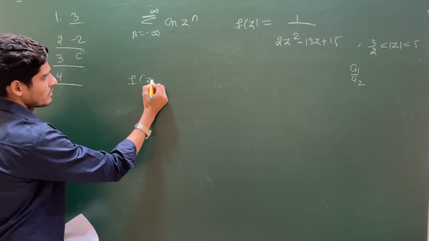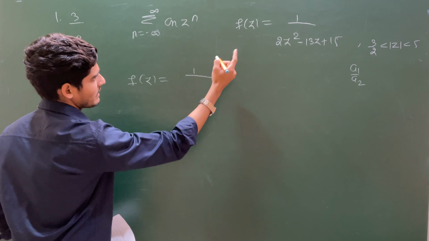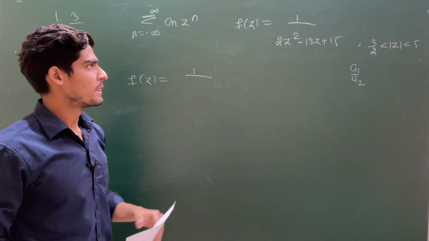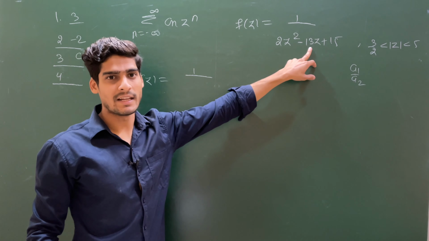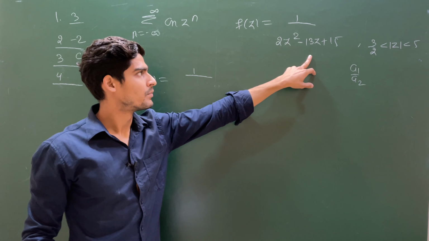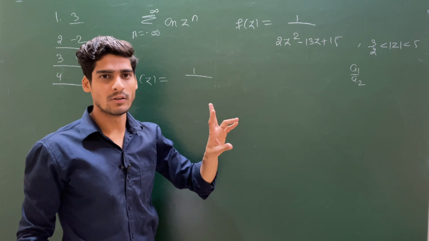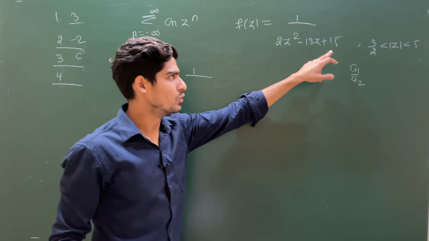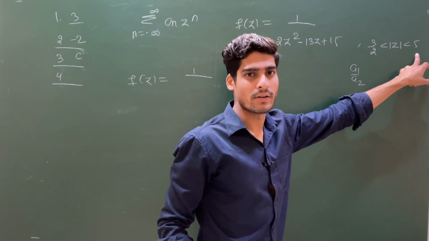So my function is, if you factorize this, then I can see 15 into 2 will give me 30, and I need 13 when I add or subtract. So there are two ways, either you do 15 into 2 or you do 10 into 3. But if you do 15 into 2, you will not get factors like 3 by 2 and 5.